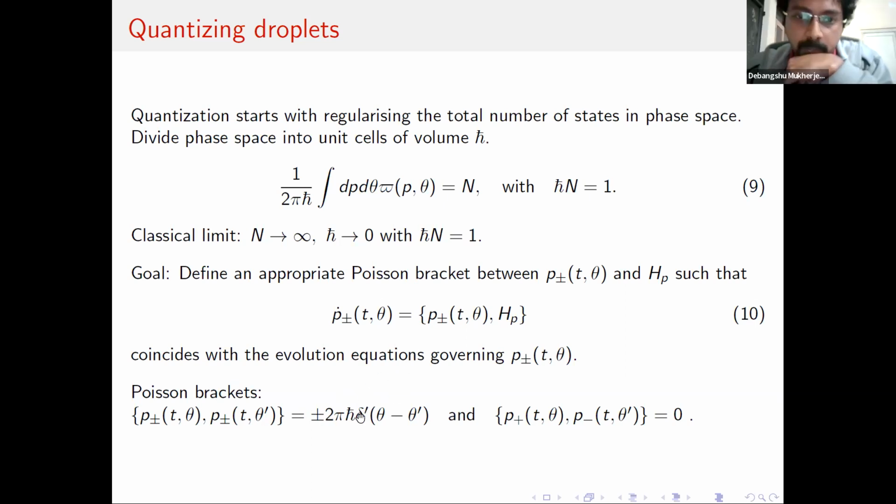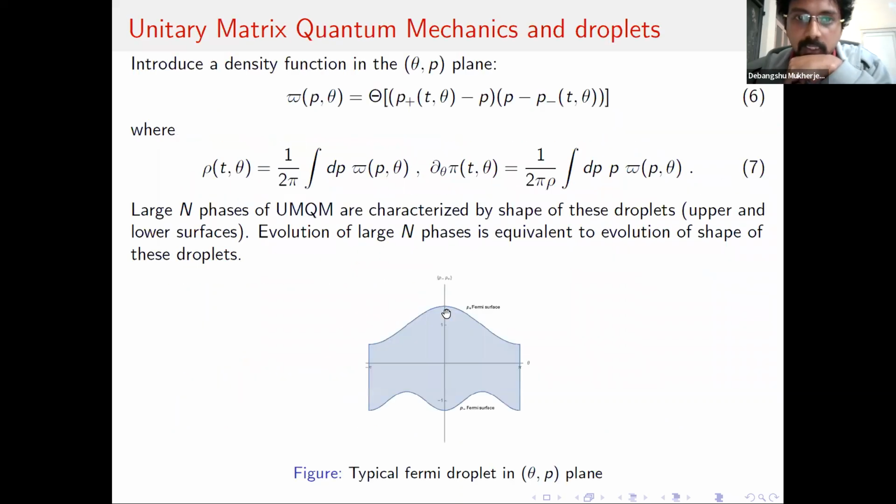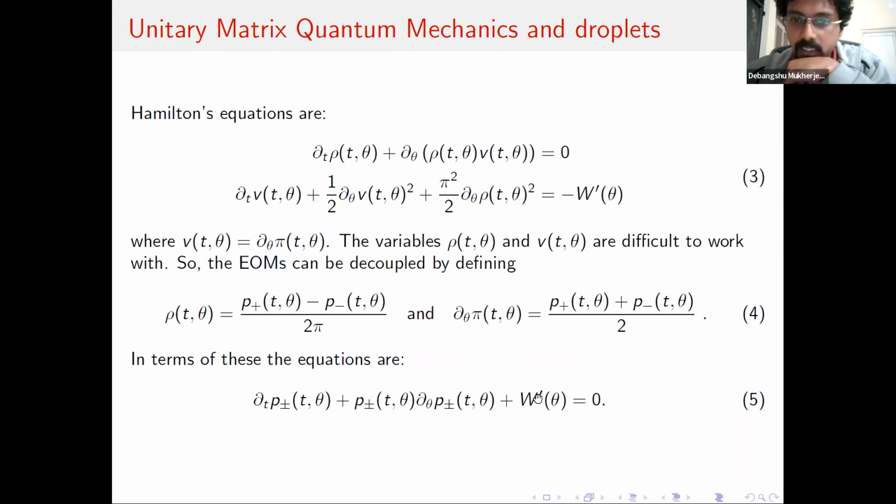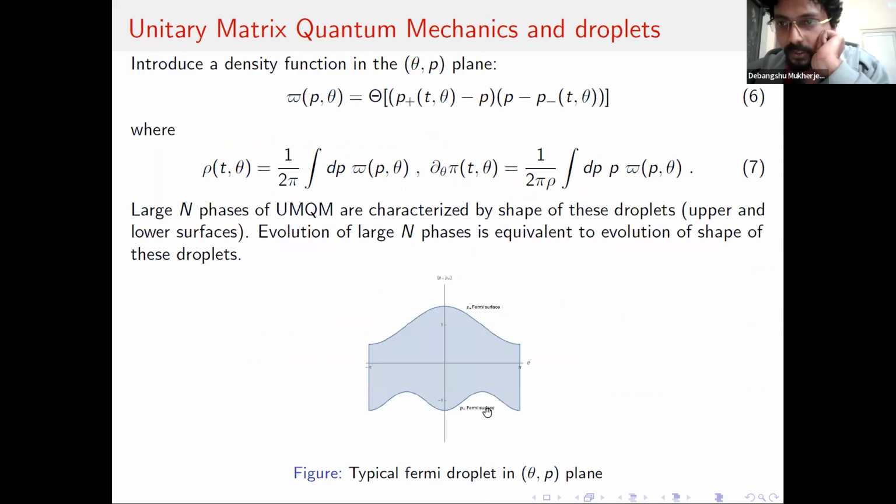Indeed. But the point is that you see the equations that I have written here, equation 5. Even for a constant potential, consider the simplest case, W prime equal to 0. Equation 5 is essentially nothing but the KdV equation.